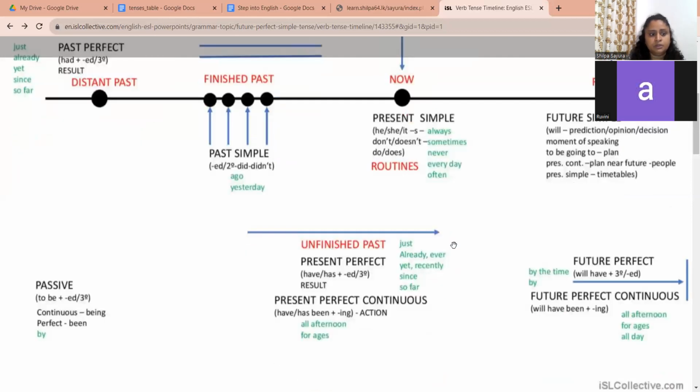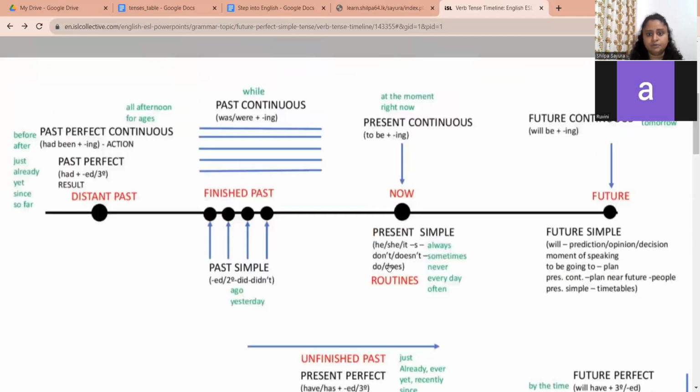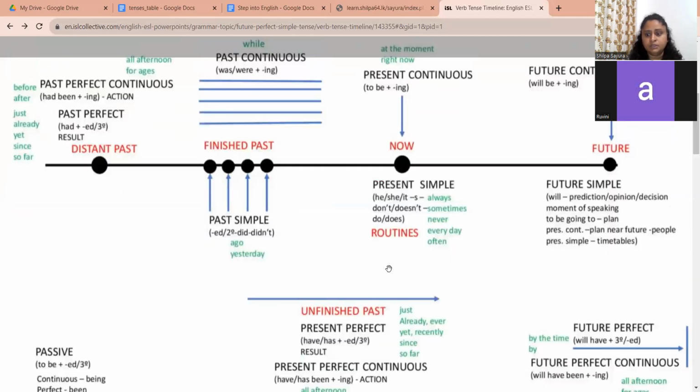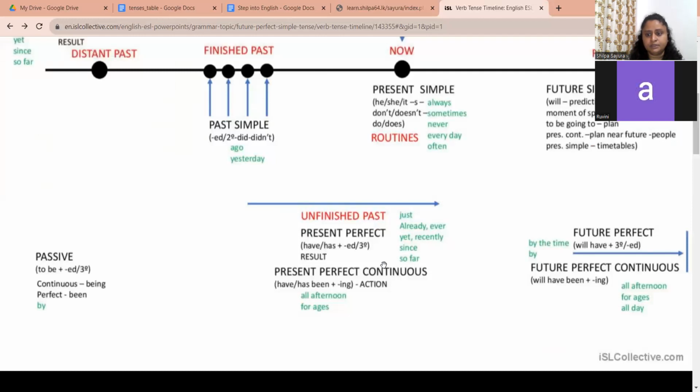And when you learn about future tense, then you will see simple future and also future perfect and perfect continuous. And present perfect tense, that is present, and there again, present perfect continuous tense is there. So I will give you some time to write this down if you want. Yes. So this is quite important.